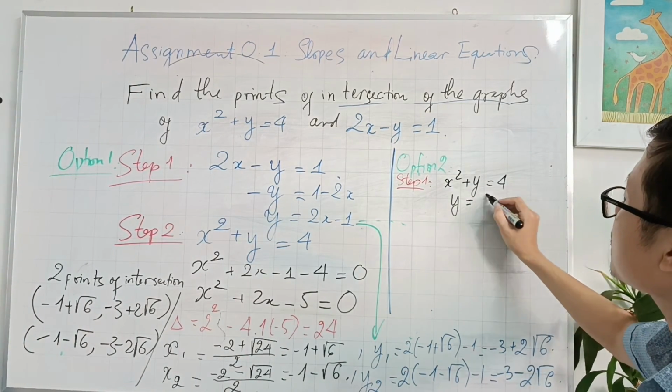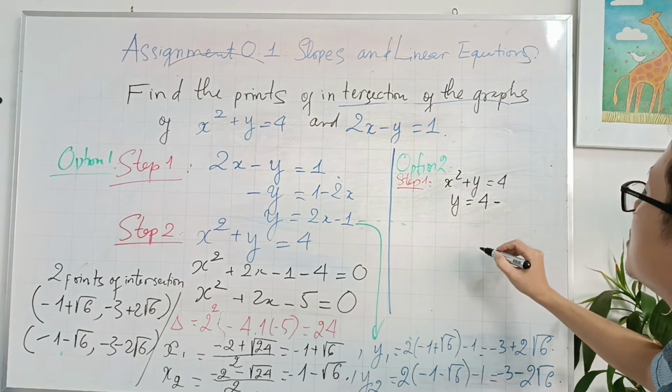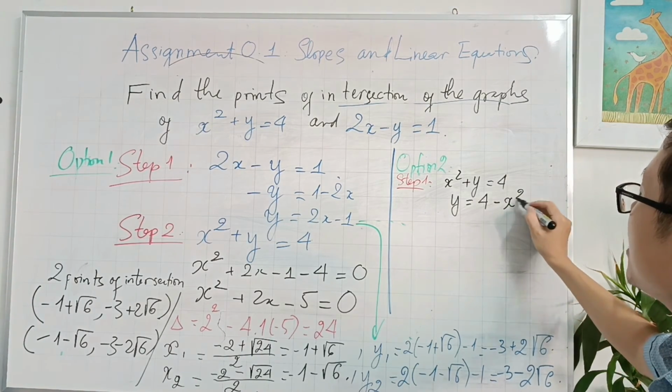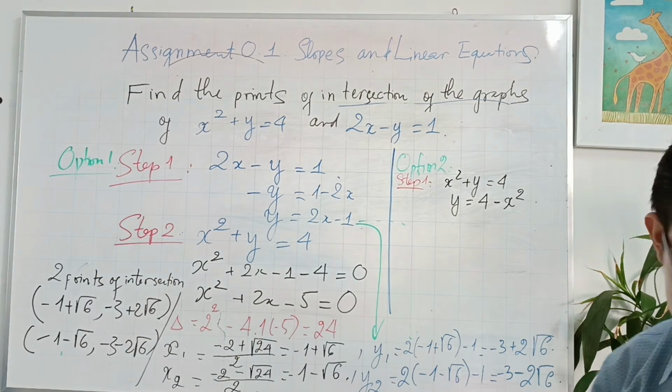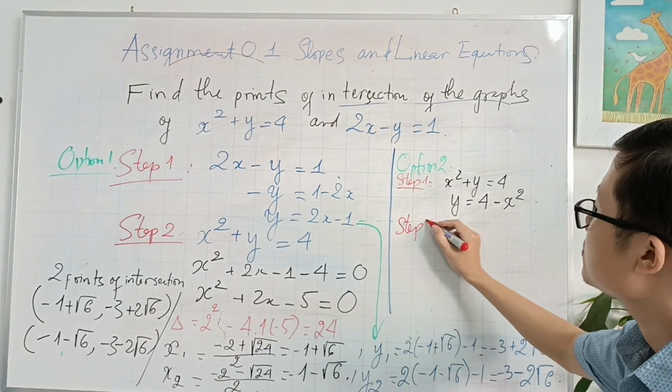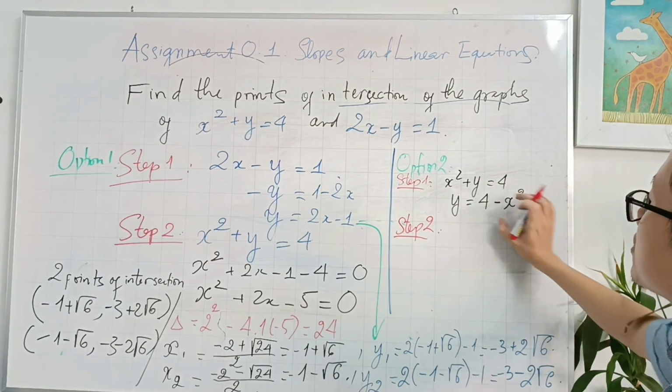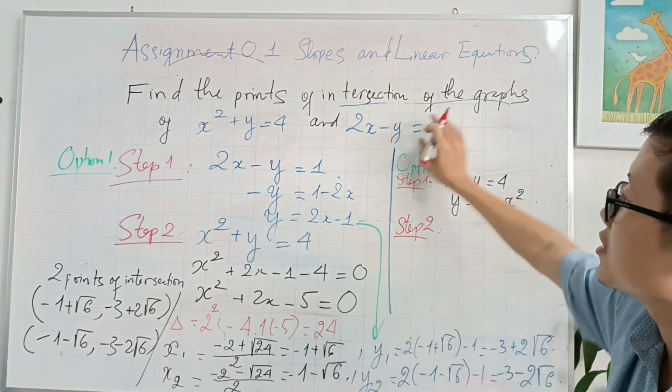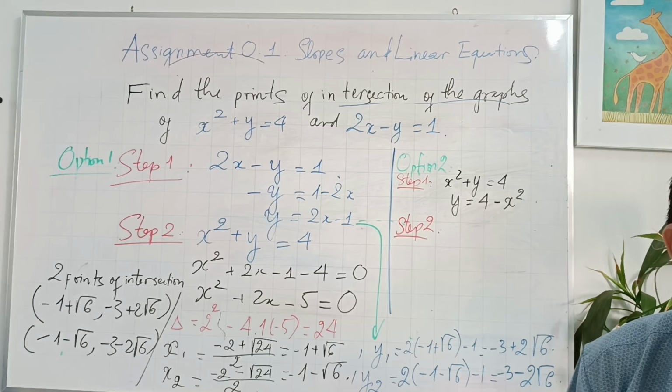So y equals 4 minus x squared. And step 2, you also substitute y here into the second equation.